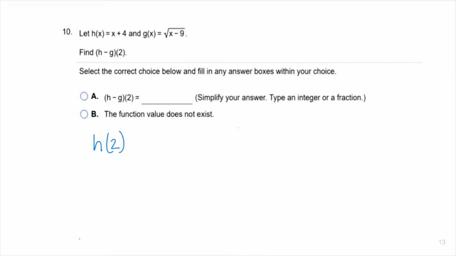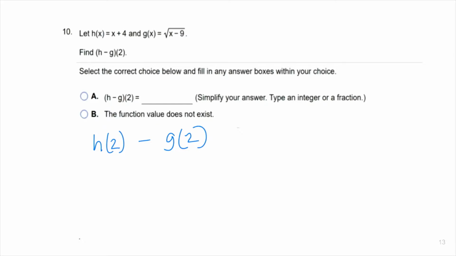So you want to break up the 2. You're going to have h of 2 and g of 2. Then you're going to input the 2 into h, input the 2 into g, and then subtract.